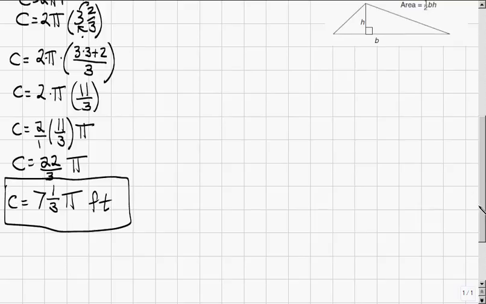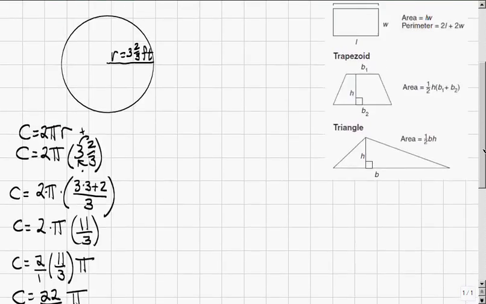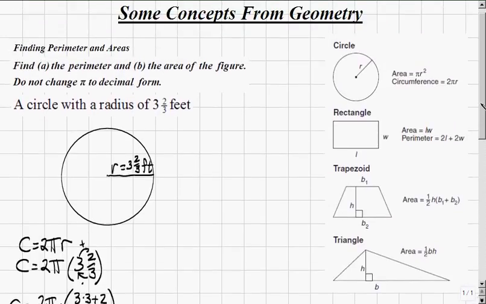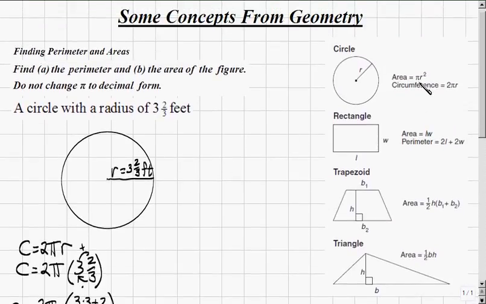Next, let's find the area of the circle. And for the area of a circle, the formula is pi times the radius squared. So again, we'll write the formula down, A equals pi r squared, and replace the radius in this formula. A equals pi times 3 2/3 squared.